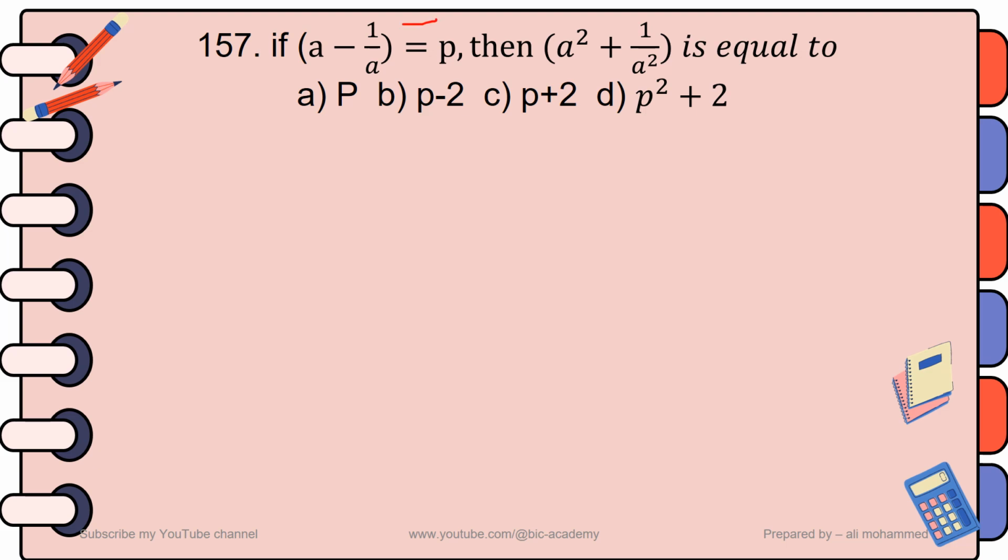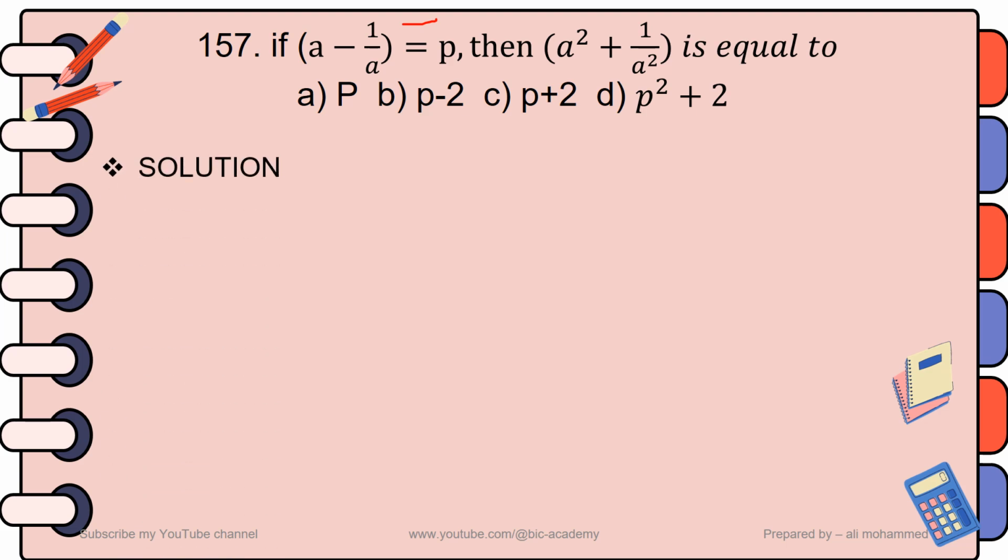Then you are required to find out the value for a squared plus 1 over a squared. Again, what you have to do is just simply square both sides of the left side equation. That means a minus 1 over a the whole squared is equal to p squared. Then rearrange and find the value for a squared plus 1 over a squared.